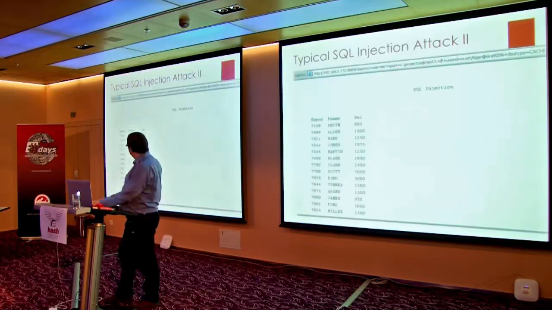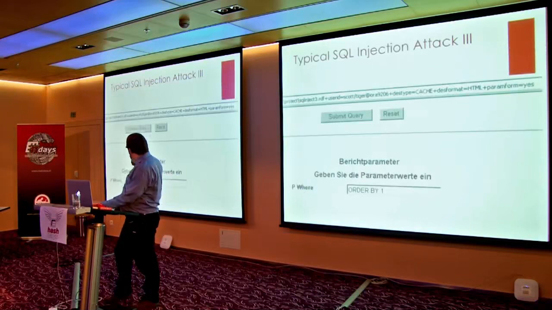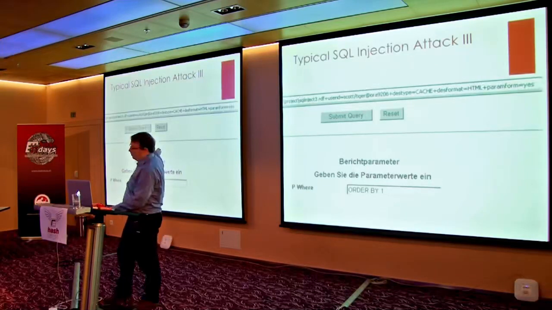So here I have a small web application showing the Oracle M table, and this is done with Oracle Reports. Oracle Reports has a nice feature: if you append the parameter paramform=yes in the URL, a new window pops up in the browser, and you can modify the where condition.